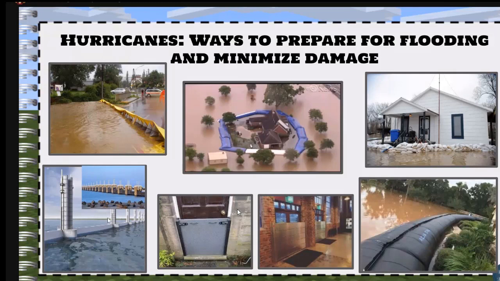Some cities that get a lot of flooding and a lot of storm surge will actually construct flood walls or levees, because it happens a lot. A lot of businesses will put halfway doors up on their buildings so that blocks the water, and they can easily close the doors and lock them up when they're preparing for these storms.